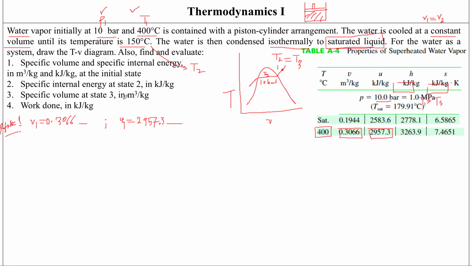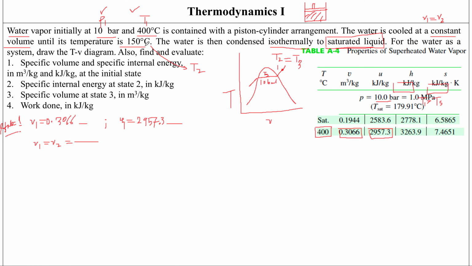Now when I move to state 2, what I see is that the temperature is 150 degrees. The water is being cooled at a constant volume. So basically, v1 is equal to v2, and I've got the value of v2 given to me. Because I've got v2 and temperature, it's kind of the same situation that we looked at in the previous problem.